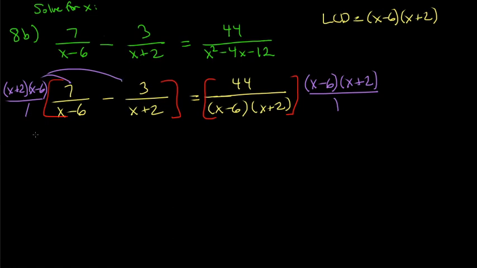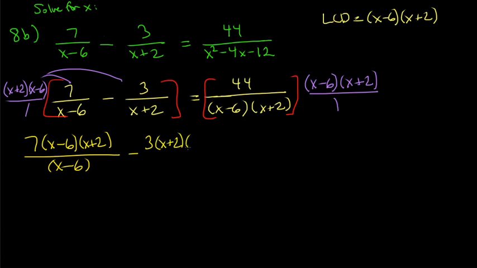So on the left side, what are we going to get? 7 times x minus 6 times x plus 2, over x minus 6, minus 3 times the same thing, x plus 2, x minus 6, doesn't matter the order, over x plus 2 times 1.